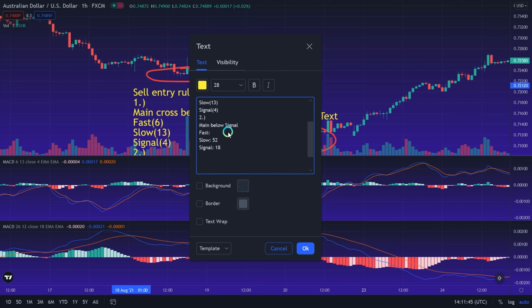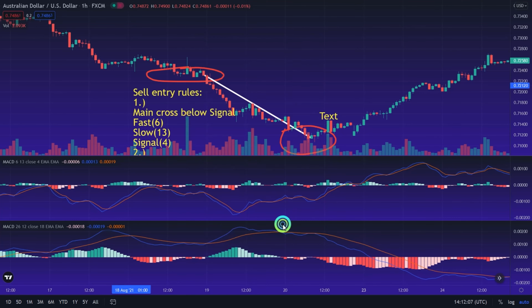So we have a fast 26, we have a slow 12, and we have a signal 18. These are our numbers for our second condition for the sell entry, and our main line has to be below the signal line.